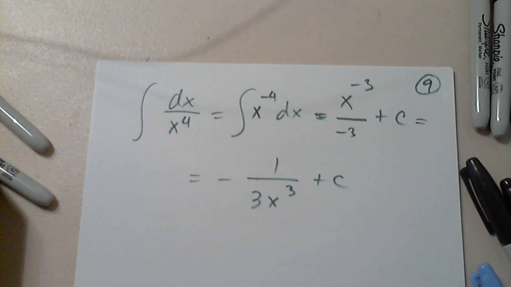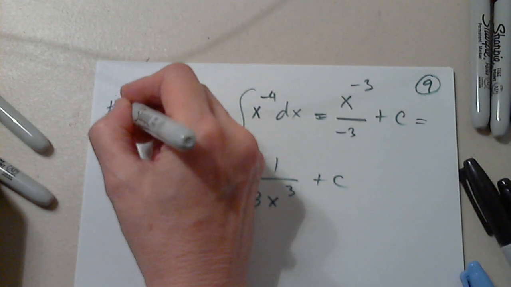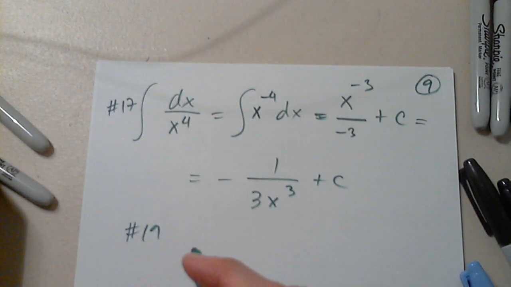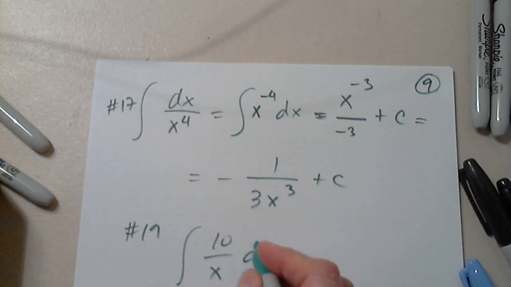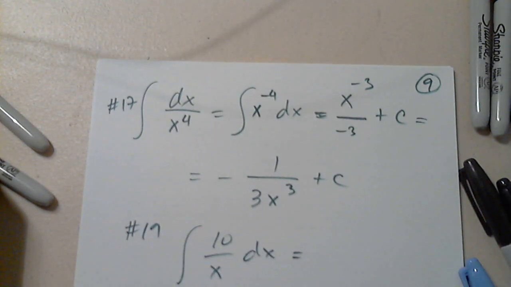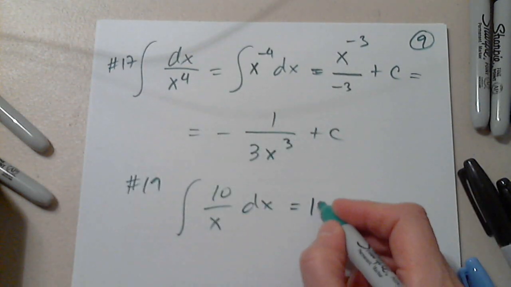I would like to choose 19. So this was 17. Let me choose 19 and then you choose the next one. The indefinite integral of 10 over x dx. Good. 10 can wait outside.